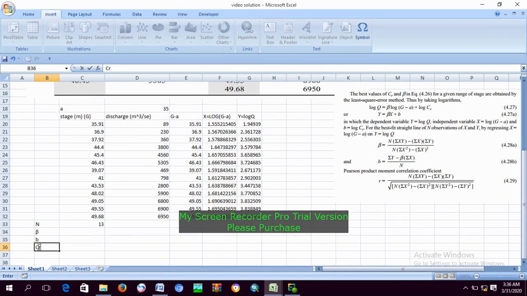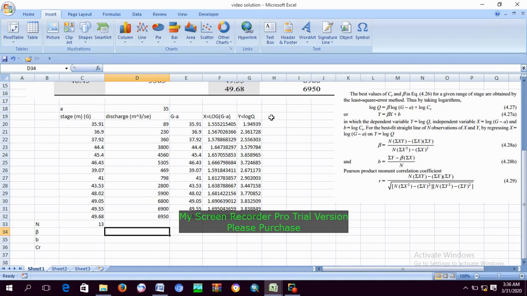is the coefficient of correlation. So in order to determine these variables, you should determine the summation of the product of xy, the summation of y, the summation of x square, and the square of the sum of x.